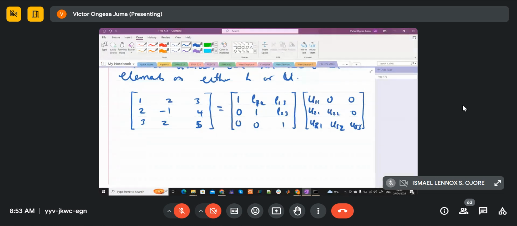So you did not tell me that I wrote these matrices wrongly, right? I'm supposed to reverse them. So this is supposed to be the lower triangular matrix L, and this is an upper triangular.